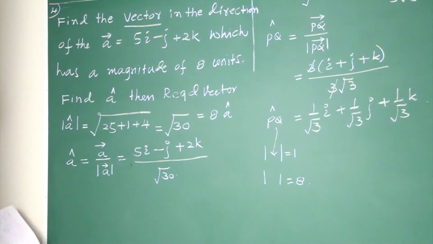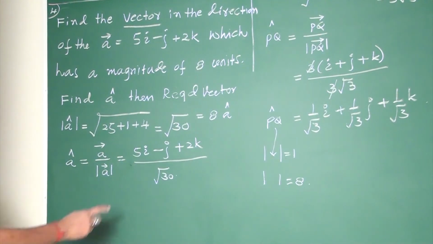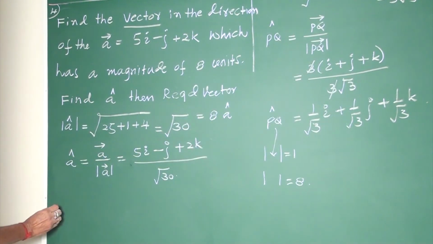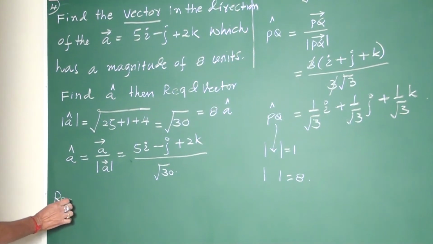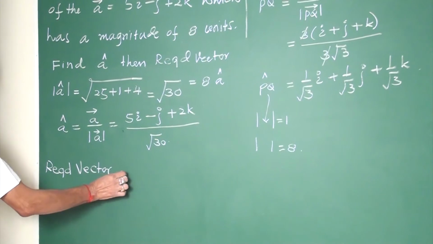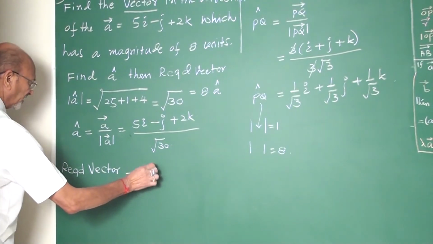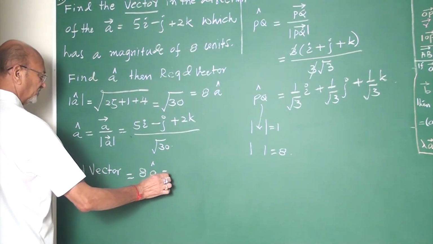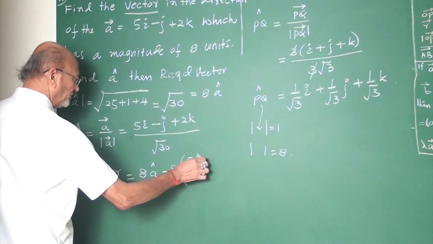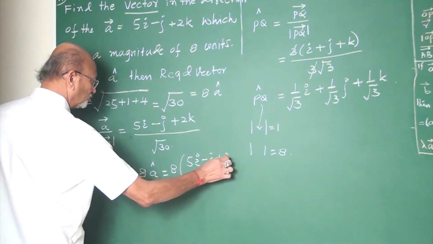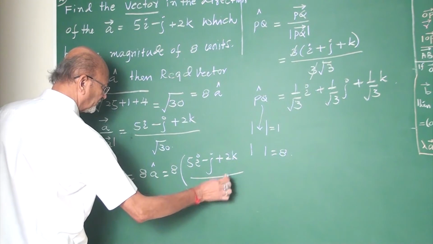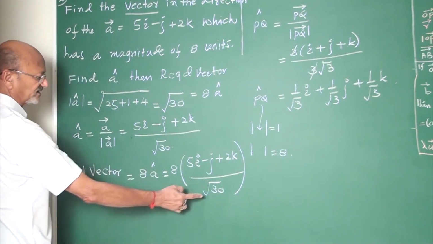Then you wanted what? The required vector is 8 times A cap. What is it? It is 8 times 5i minus j plus 2k upon root 30. There is no cancellation here.